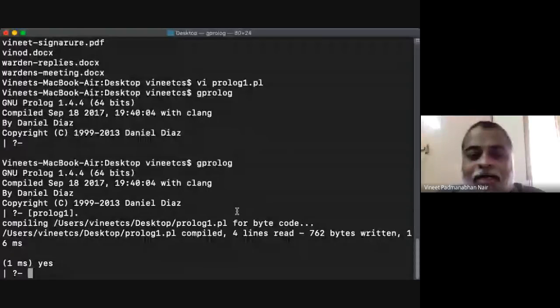Now you call it with two square brackets and prolog1, the name of it. You can see that it is compiling. On my desktop I have that prolog1.pl, and 4 lines were read, and it shows how many milliseconds it took.